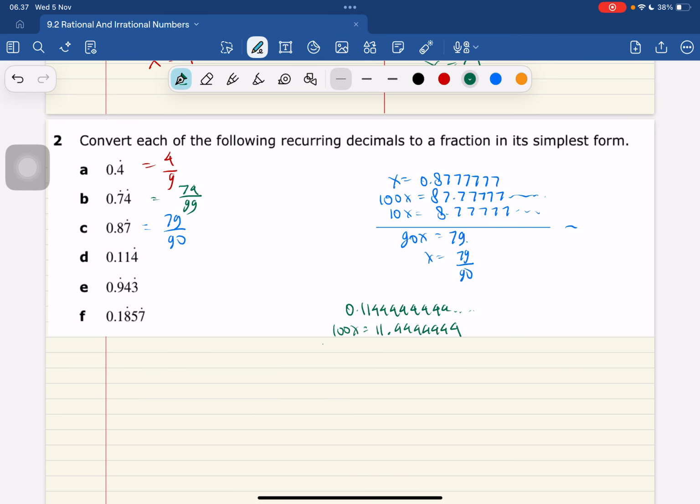Then we multiply it by 1000x, it's going to be 114.444444 unlimited. So we can cancel the decimal number. So it's going to be 900x. So we got 114, we minus 11, it's going to be 103. So this x is going to be 103 over 900, which is the simplest form.